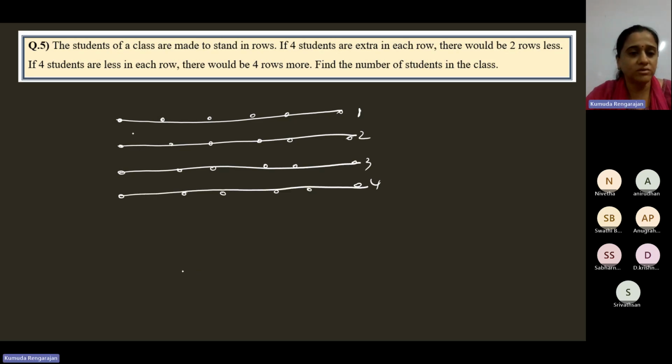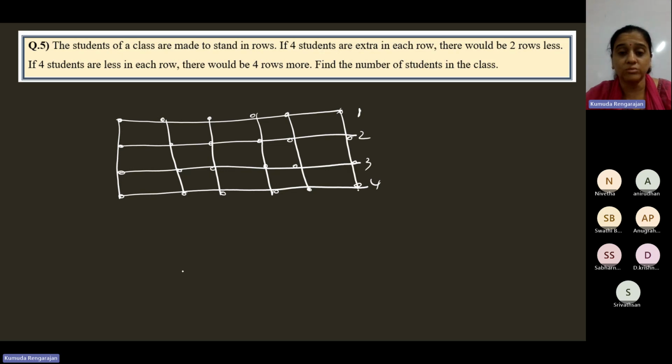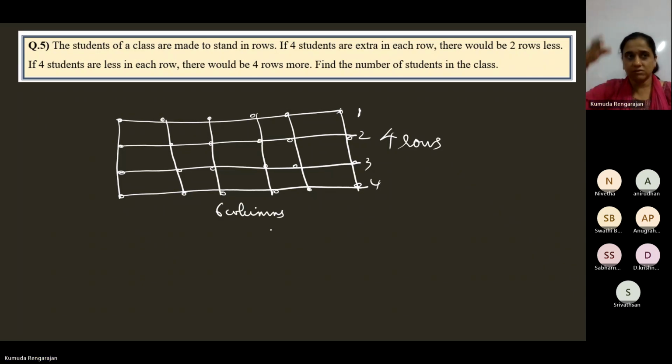How many columns? 1, 2, 3, 4, 5, 6 columns. 4 rows, 6 columns. Columns are vertical, rows are horizontal.